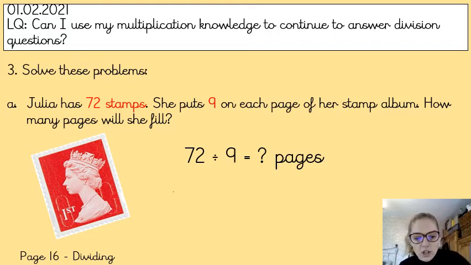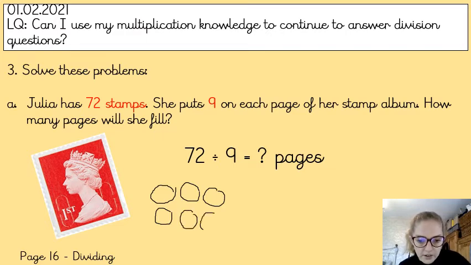So I will need to do my 9 different circles. 1, 2, 3, oh, let's rub that one out. That's not a very good one. 4, 5, 6, 7, 8, 9. And then I'd go through until I get to 72.